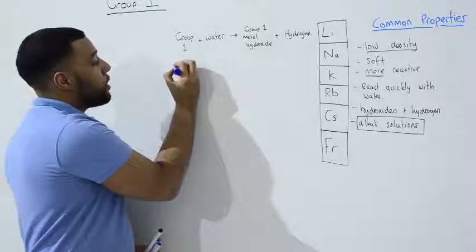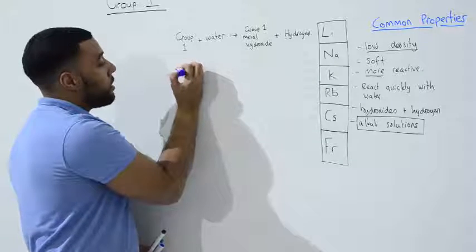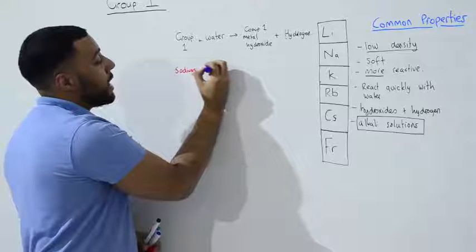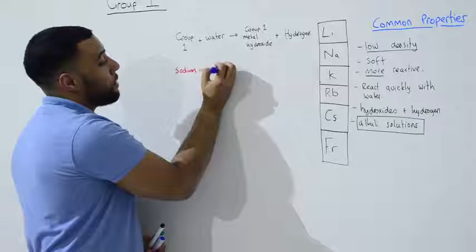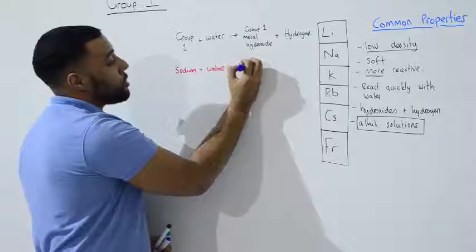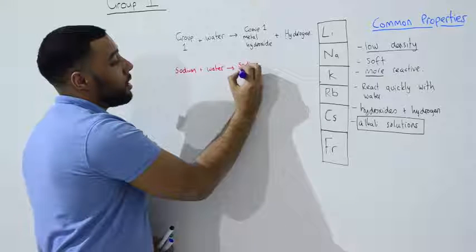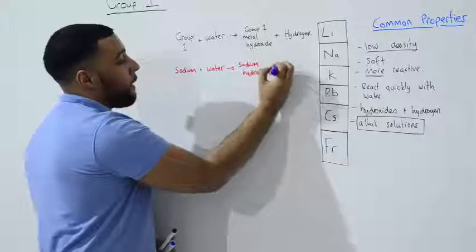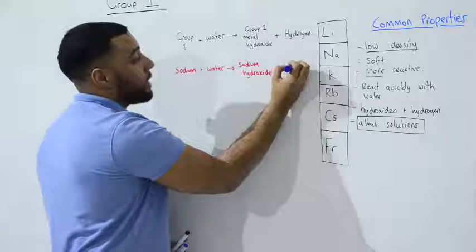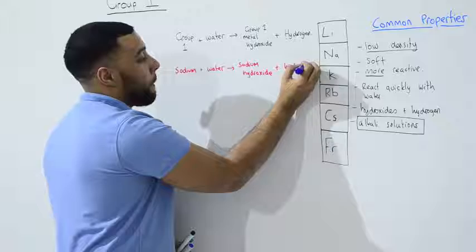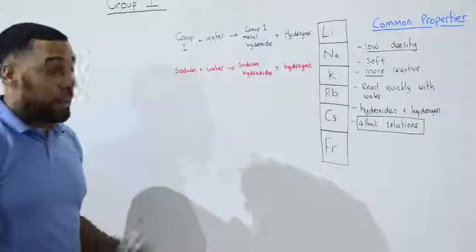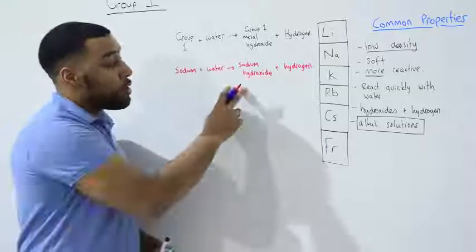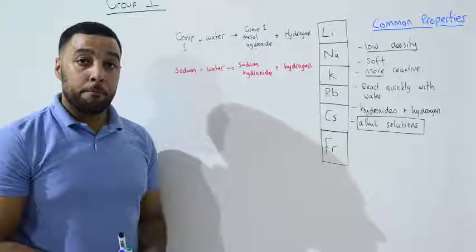For example, sodium. Sodium is a Group 1 metal, and when we react sodium with water, it will produce sodium hydroxide and hydrogen gas. Remember that sodium hydroxide is soluble, which means the solution will be an alkaline.